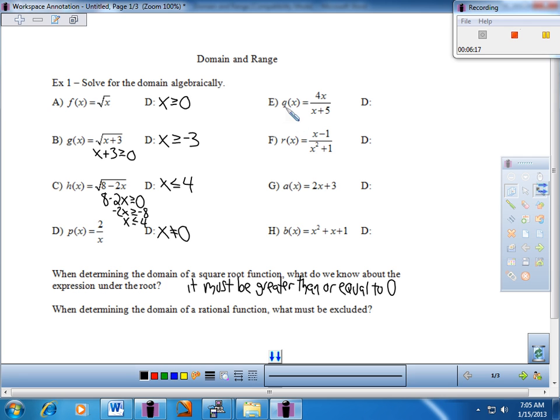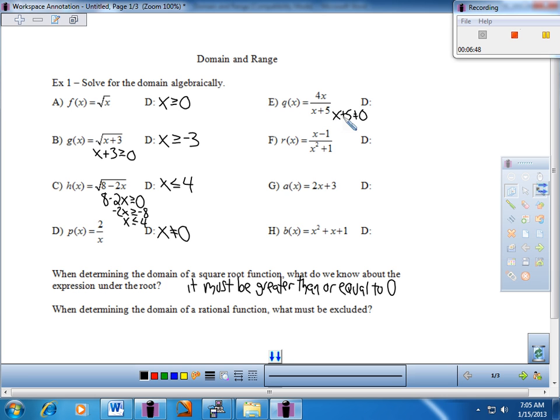All right, so let's go into function Q then. I've got 4x on top and x plus 5 on the bottom. In this particular case, I would envision it something like this. That x plus 5, I know, cannot be equal to 0. If I can think about what would make it equal 0, that's going to be excluded from the domain.